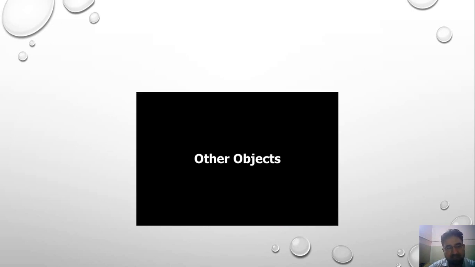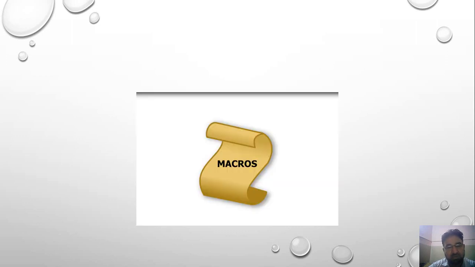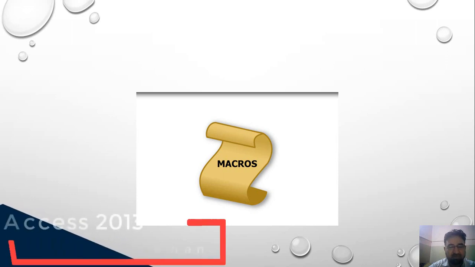There are technically other objects in Microsoft Access, which are a bit more complex. Macros are little mini programs, which are a sequence of actions and commands stored for later use. Basically, you can create a macro that can open, say, a particular form, or even email a particular person a report.